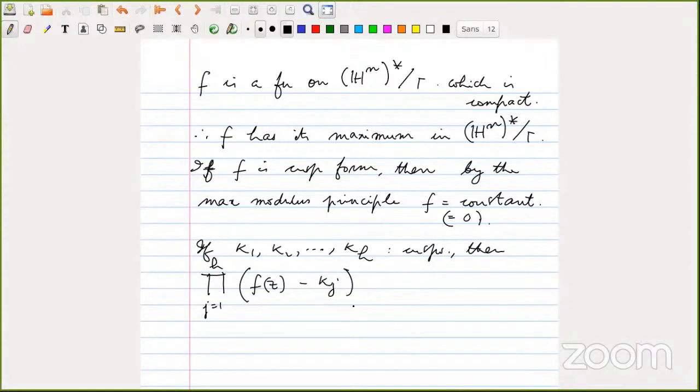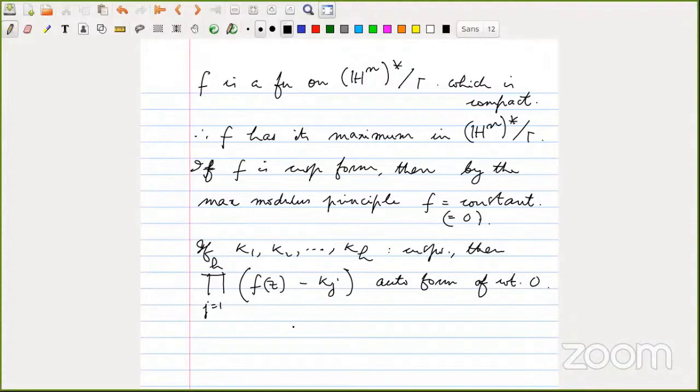You can show that this is invariant with respect to gamma, and therefore again this defines an automorphic form of weight 0.